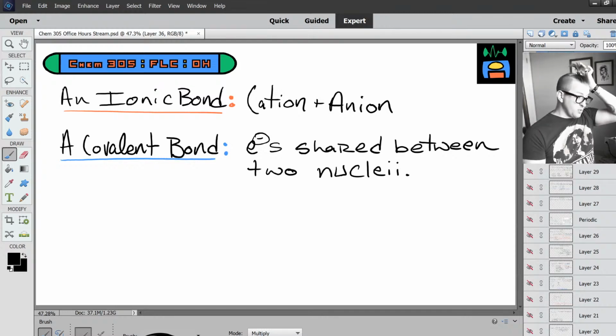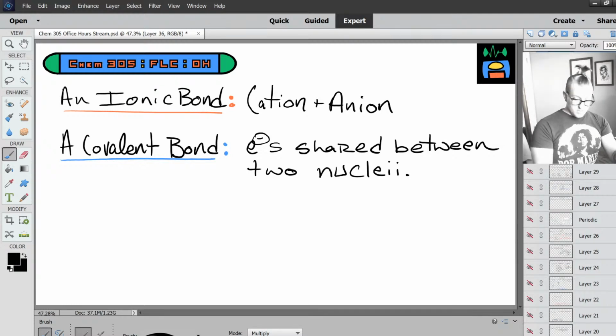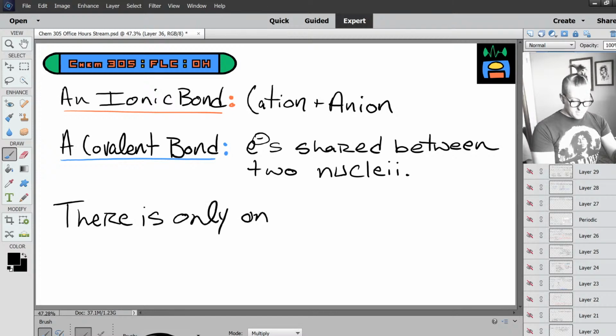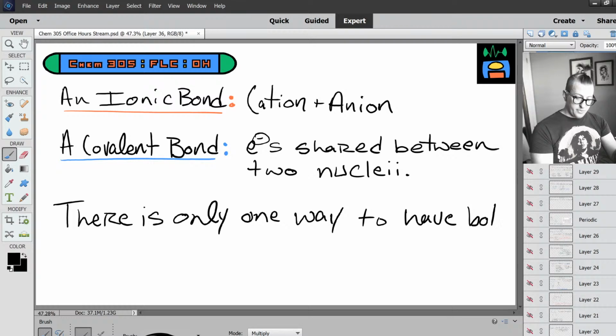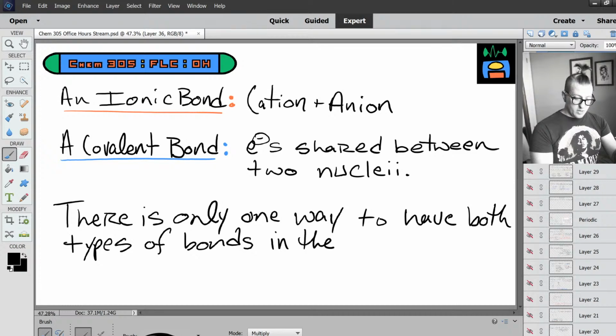All right? So there's only one way to have both types of bonds in the same compound.